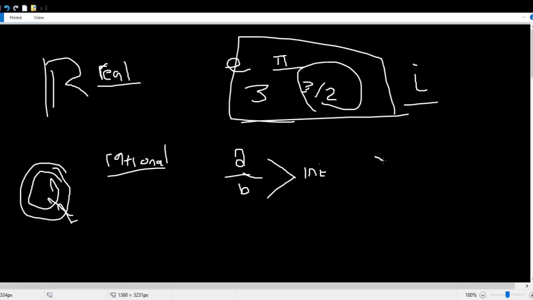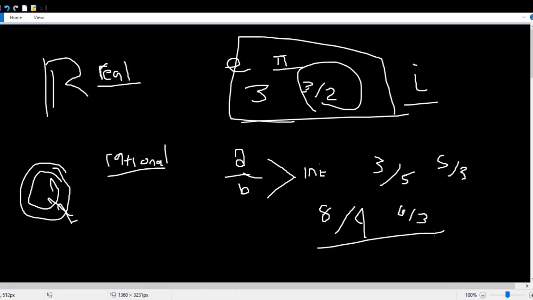So if you have 3 over 5, it's rational. If you have 5 over 3, it's rational. And if you have things like 6 over 3, which come out to whole numbers, it's also rational.